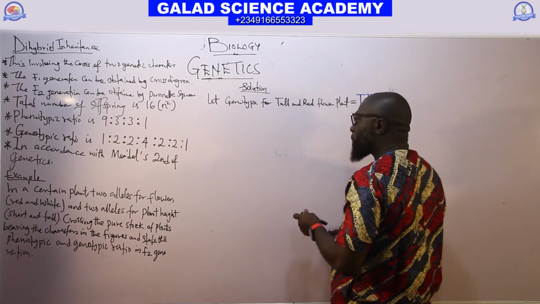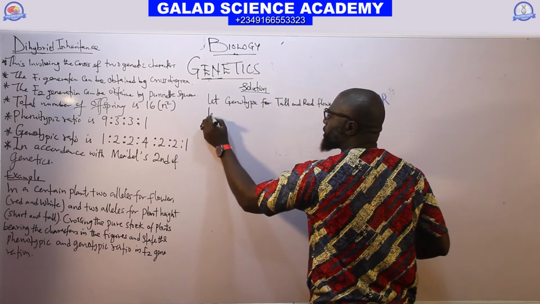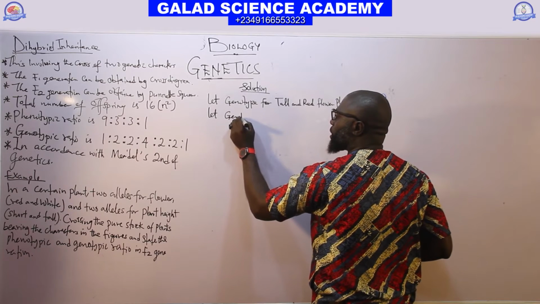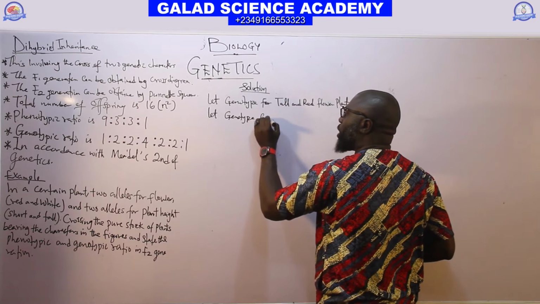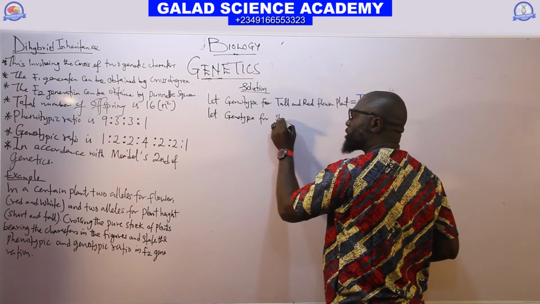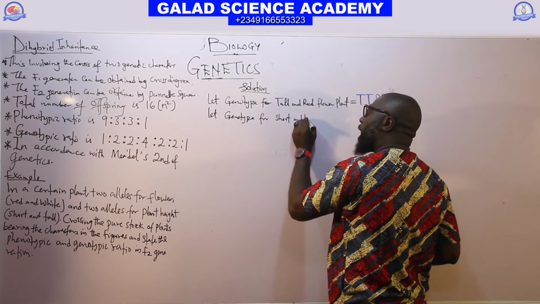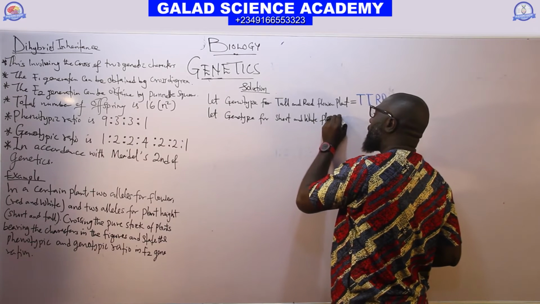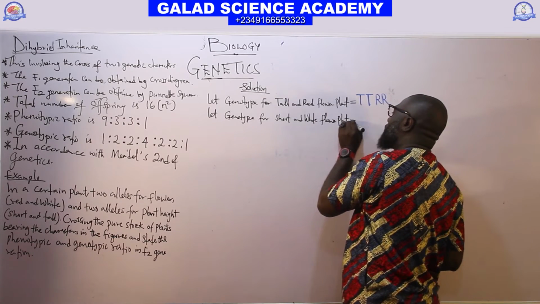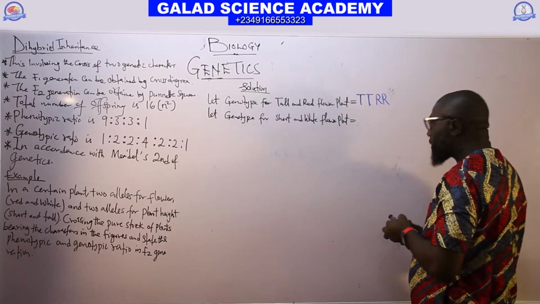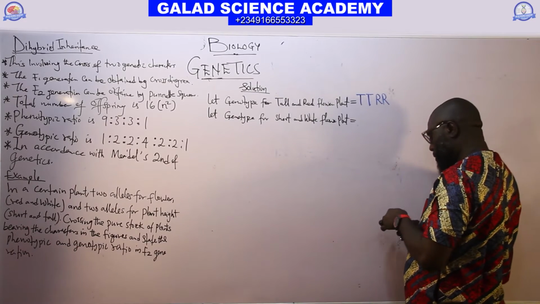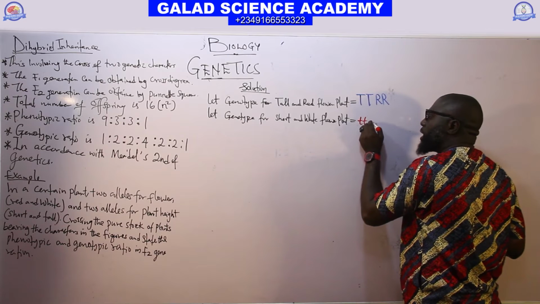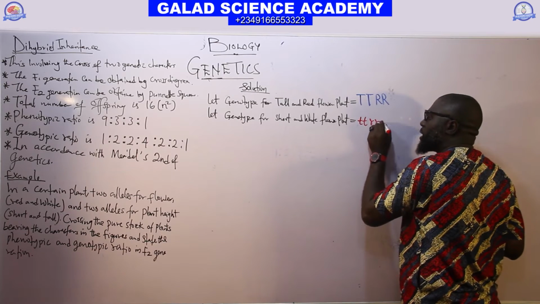And again, let the genotype for short and white flower plant be small t, small t, and small r, small r.